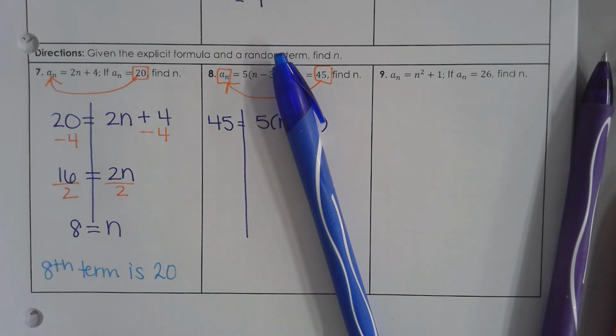So n is how far down the list it is. And then here I would say A1 equals 3. A2 equals 5. A3 equals 7. A4 equals 9. So An is saying this number up here, the 3.